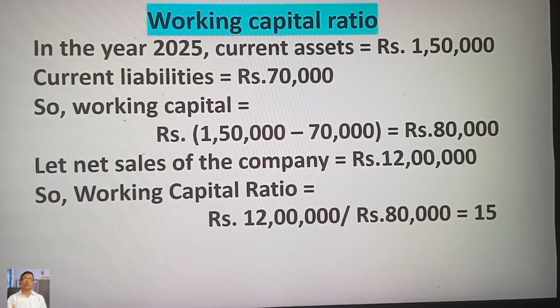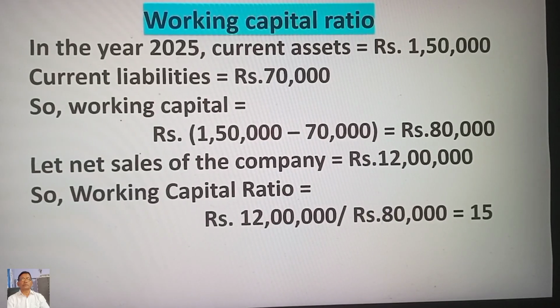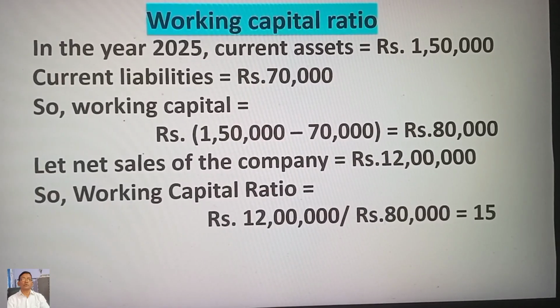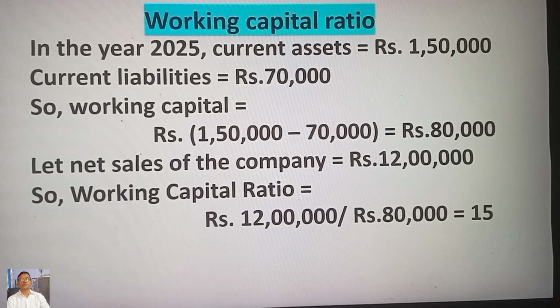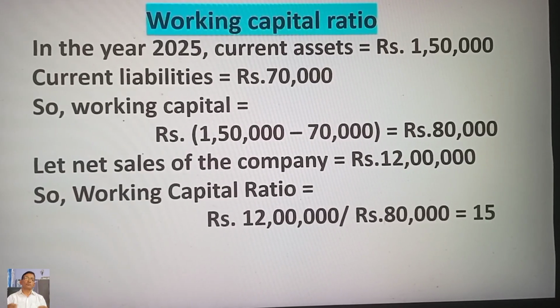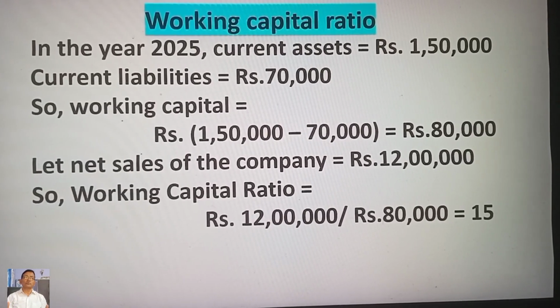Let net sales of the company is rupees 12 lakh. So working capital ratio is equal to rupees 12 lakh divided by rupees 80,000 is equal to 15. The result shows that for every 1 rupee of working capital, the company has rupees 15 in sales.